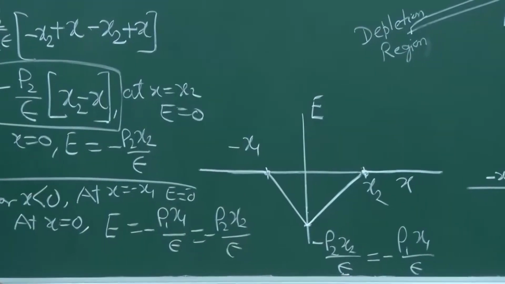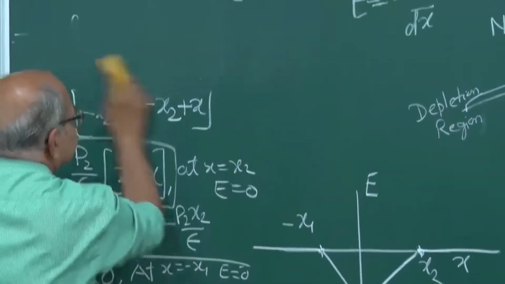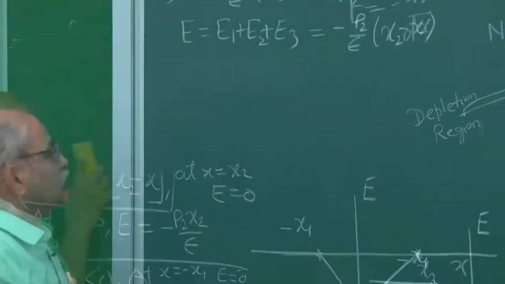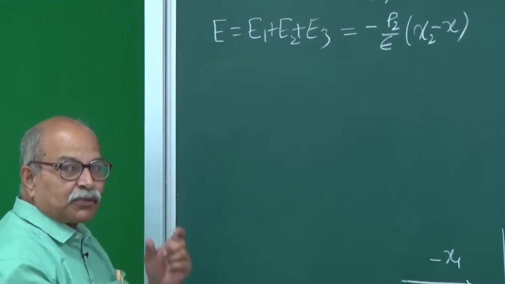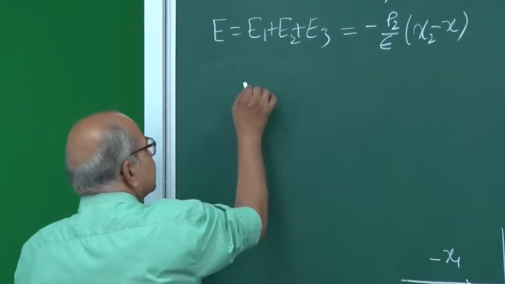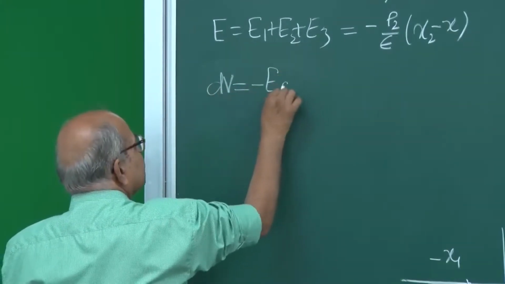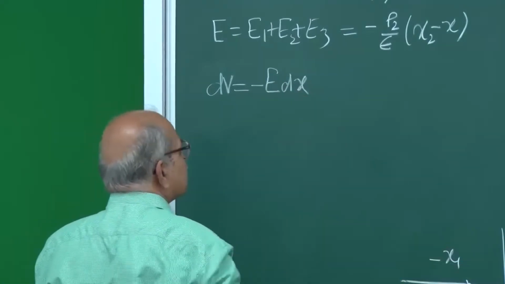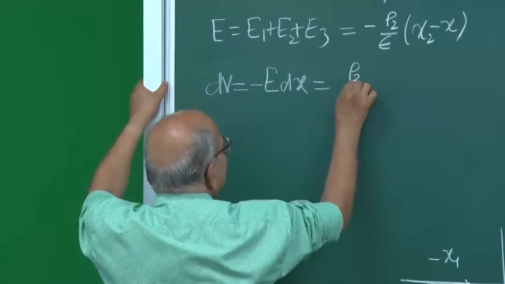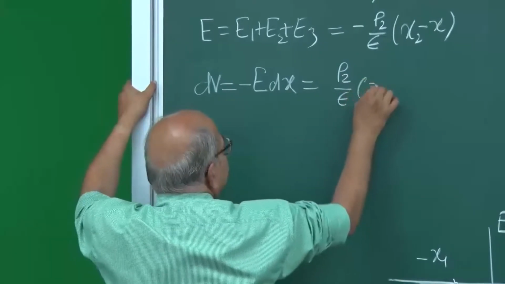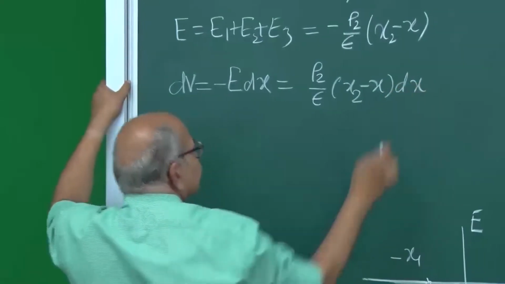Now let me erase the other parts. You know the basic definition of a potential difference: dV is equal to minus E dx for the one dimensional case, and so here it will be rho 2 over epsilon times x2 minus x dx.